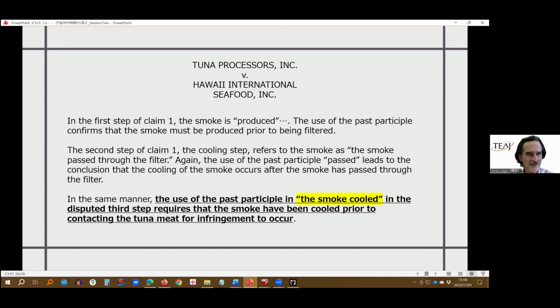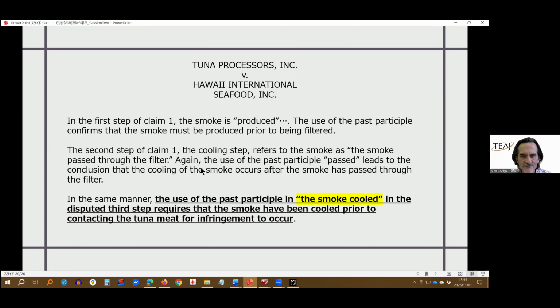It covers Hawaii and Alaska and California, I think. They said of the first step, the smoke is produced, the use of the past participle confirms that the smoke must be produced prior to the next step. So they're saying in this case, it's a process claim, and so there is a time sense. Produced means it's produced prior to the next step.